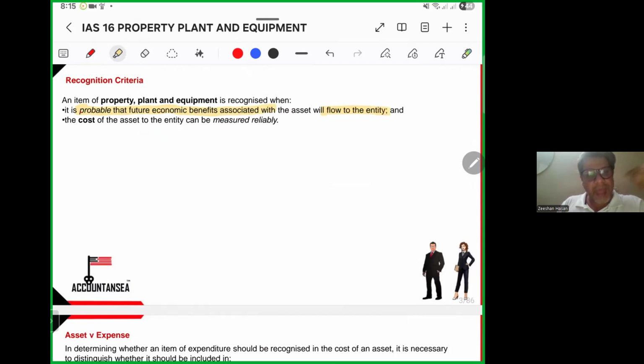Number two, the cost of the asset to the entity can be measured reliably. When these two conditions are met, then we will recognize the asset, and how will it be recognized?